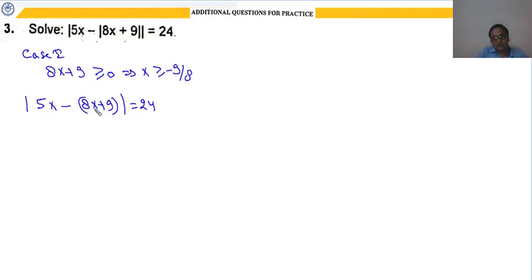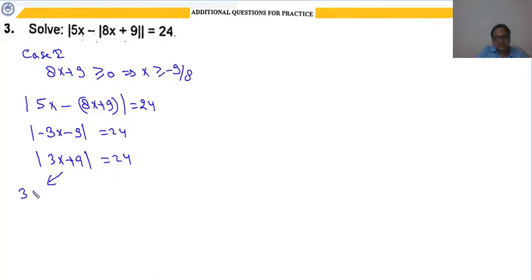So 5x minus 8x is minus 3x minus 9. It's inside modulus. So we can say mod of minus 3x minus 9 is equal to 24. We can write this as mod of 3x plus 9 is equal to 24. So whenever we remove the modulus sign, a plus and minus both will appear. So we take two parts.